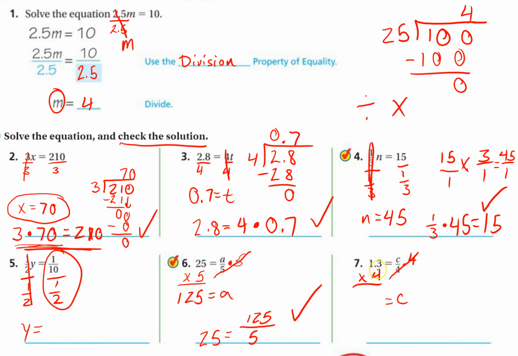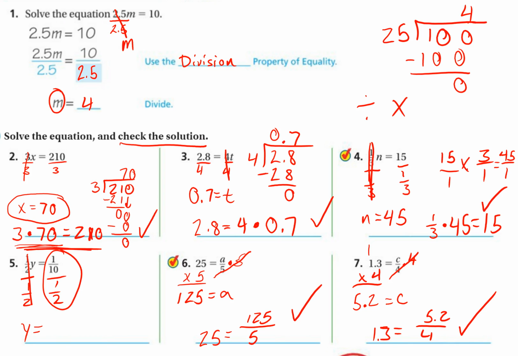So 4 times 3 is 12. 4 times 1 is 4, plus 1 is 5. And then I have one number behind the decimal, so I move it over 1 here. And then I check. 1.3, does that equal 5.2 divided by 4? Yes, it does, so this checks out.